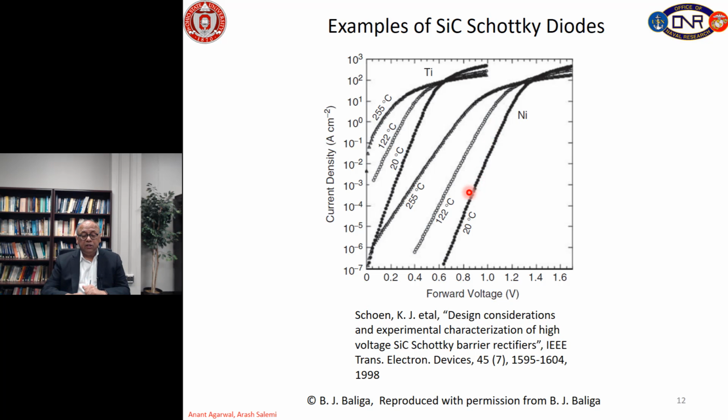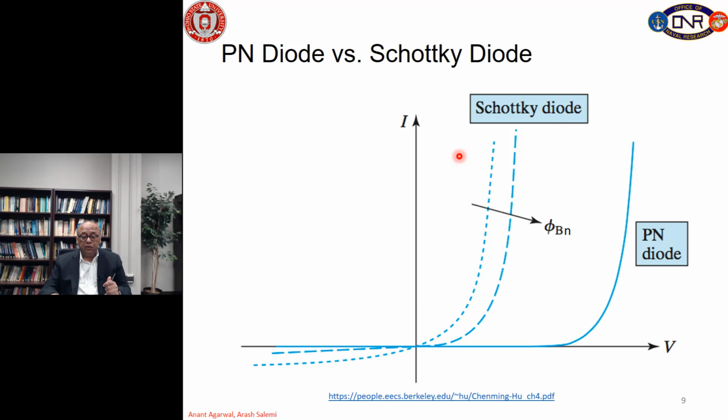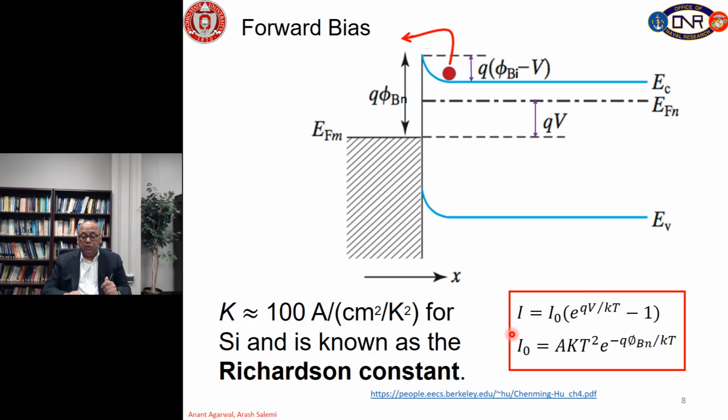And you can see as we increase the temperature, I0 increases, and that's very understandable if we go back and look at the equation for I0.